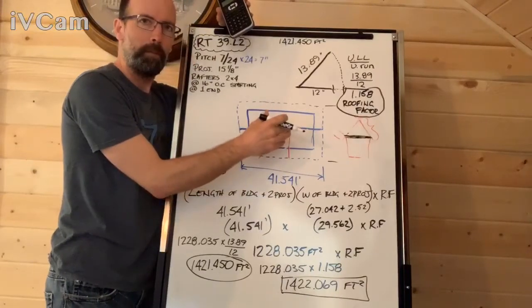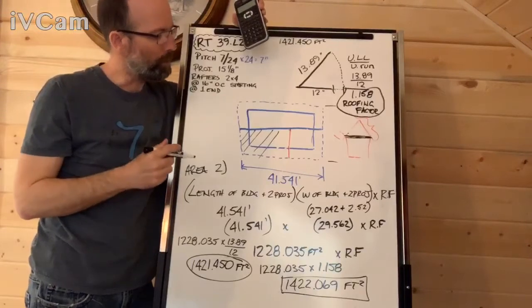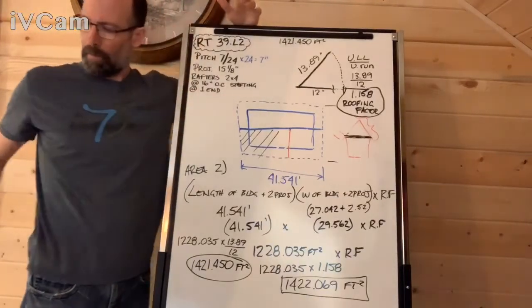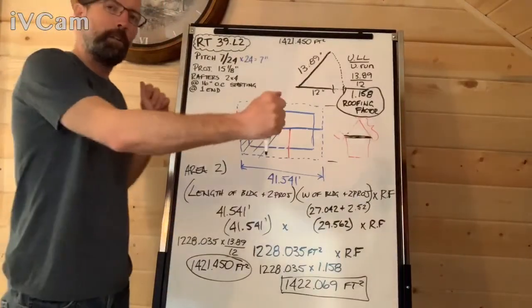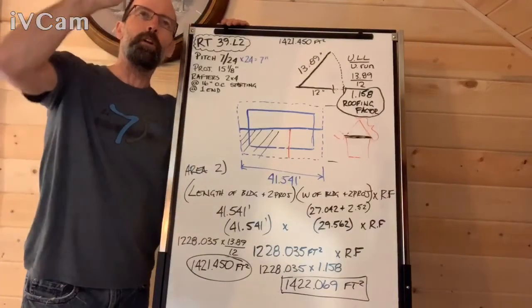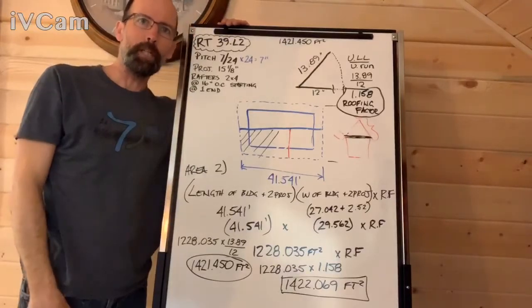But if you were to walk up to somebody's house and they said to you, hey, can you determine how many shingles I need or how much it would cost to shingle my roof? We could stretch a tape measure out, find the length of the building, find the width of the building. We can determine what the slope is of that house. We know we can measure the projection of the house.